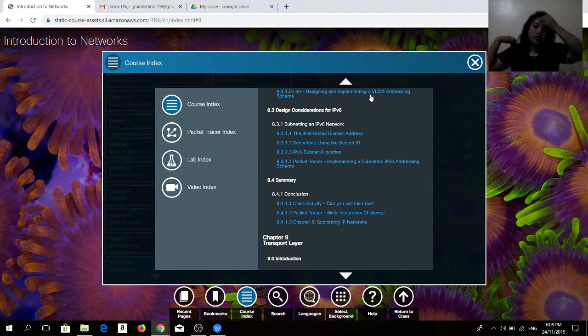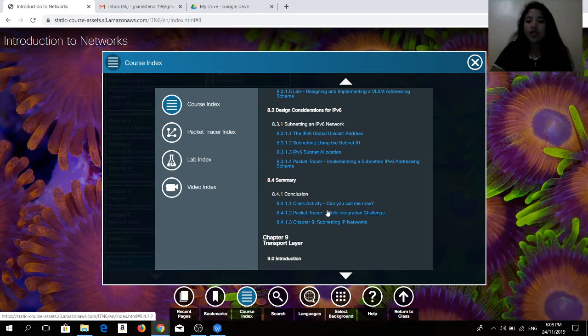Then for the summary, there is a class activity entitled Can You Call Me Now? Packet Tracer Skills Integration Challenge. And lastly, we have subnetting IP networks.